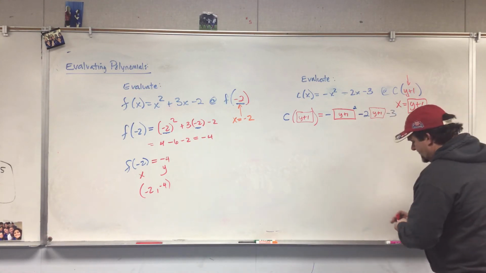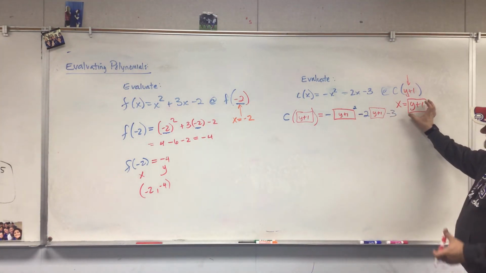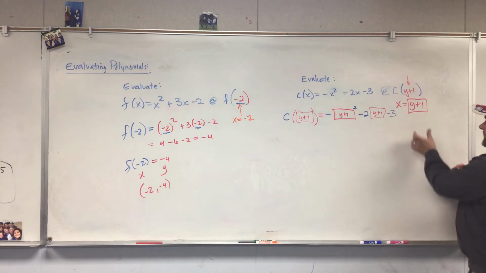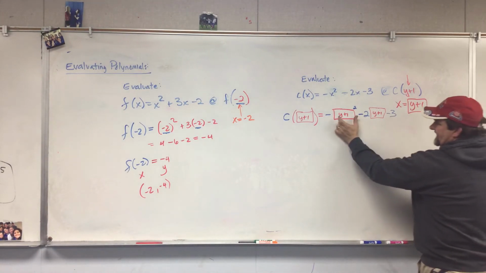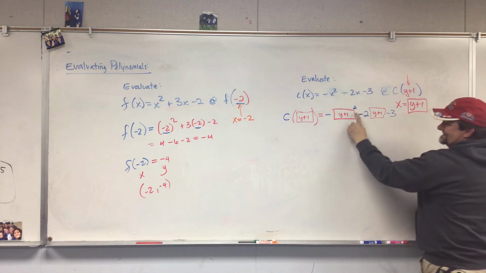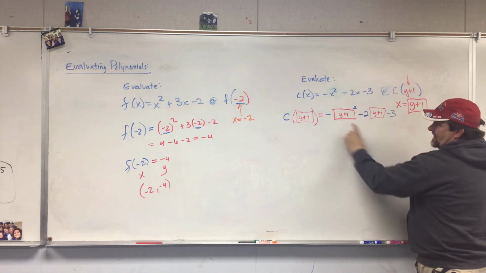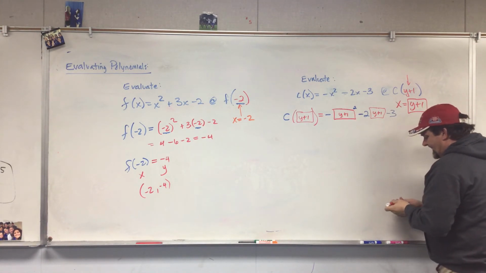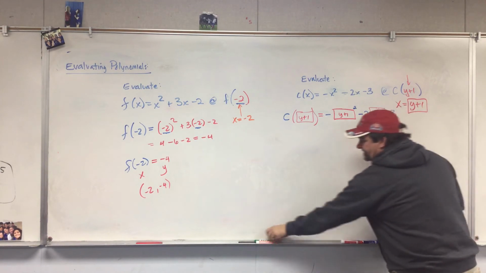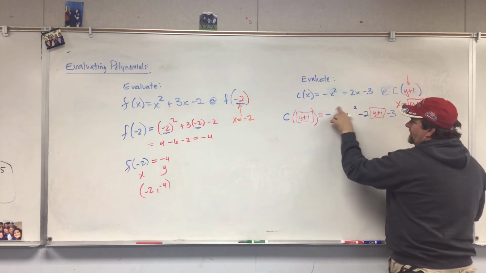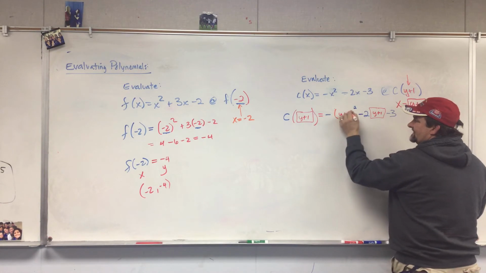Okay, so I use that analogy of the box. I can substitute anything in. So if I take this piece and I plug it in here, only the box gets squared. Okay? So now if we look at it, it's really not a box. These are parentheses.